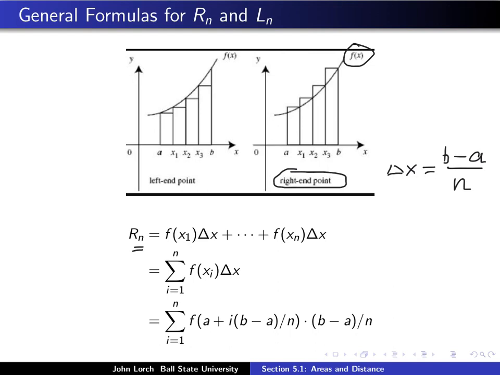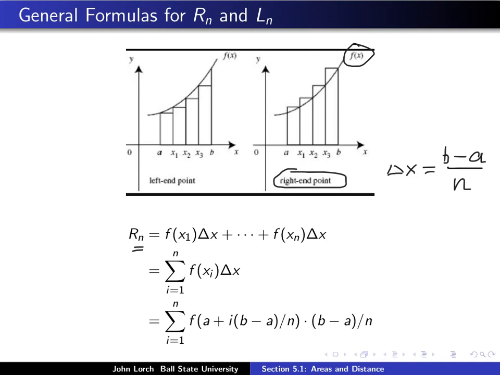Okay, now if we want to form r sub n, which is the right-hand endpoint estimate of the area under the curve, we need to, as in the previous example, compute the sum of areas of some rectangles.